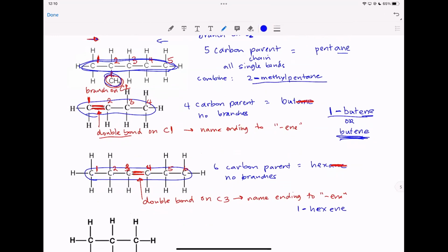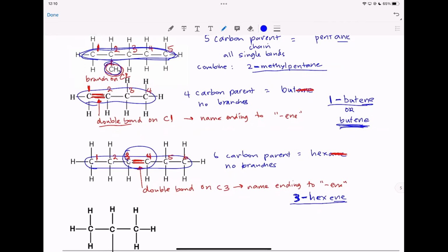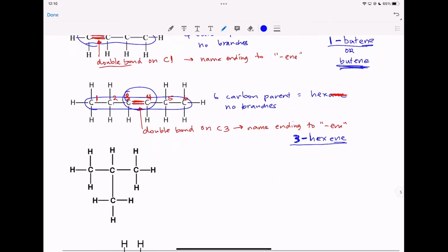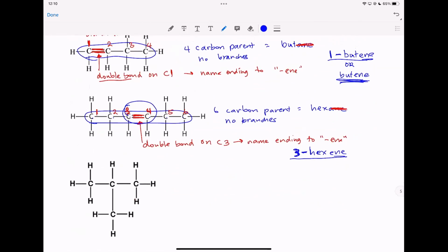So it could be the 3 is the location of that double bond. So I add the location of the double bond at the front, 3, and then the name ending E-N-E. So this one is not a 1, and we don't get to get rid of the 3. You can only get rid of 1s. So the name of this molecule is 3-hexene. That's an X, H-E-X.